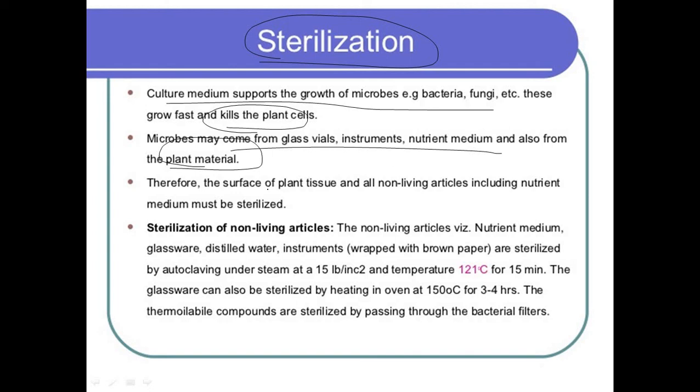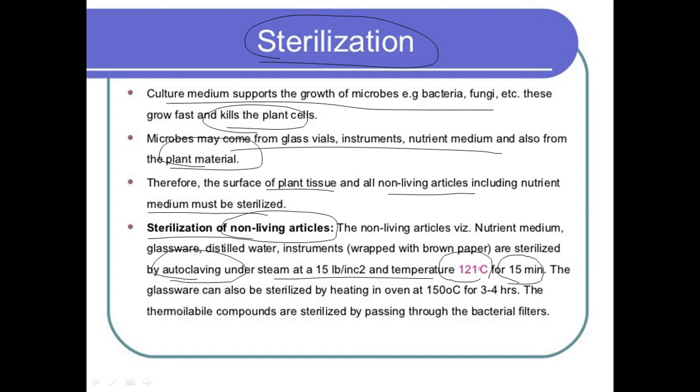So the surface of plant tissue as well as non-living articles, including nutrient medium, must be sterilized. Sterilization of non-living articles is mostly done by autoclaving them under steam at 15 lbs pressure and 121 degrees Celsius temperature for 15 minutes.